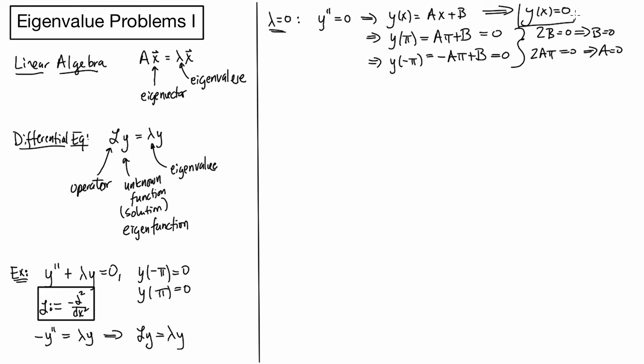Now, the 0 function is called the trivial solution, and when lambda is equal to 0, what we've just shown is that we have only the trivial solution. So an eigenvalue is a value for which you get a non-trivial solution. This means that lambda equal to 0 is not an eigenvalue for this problem.